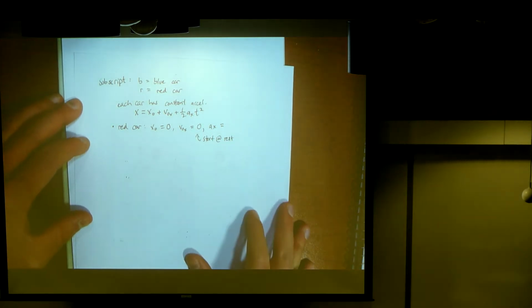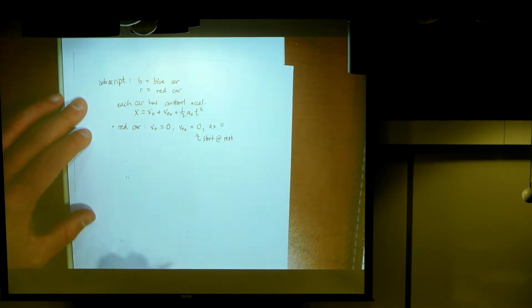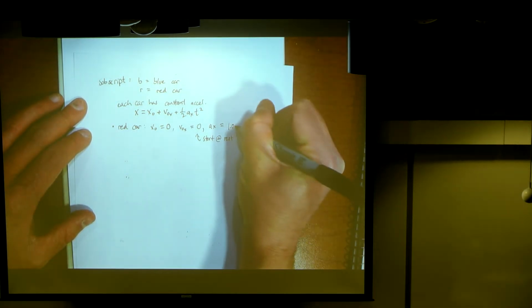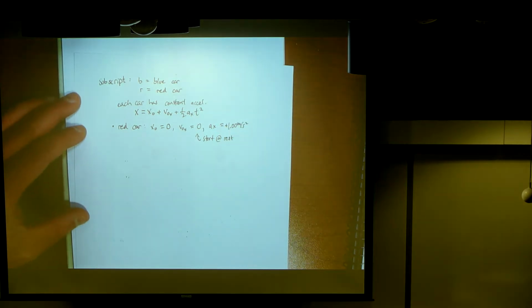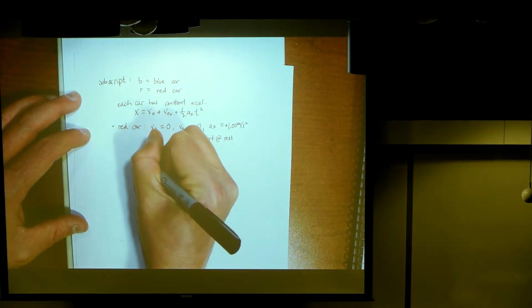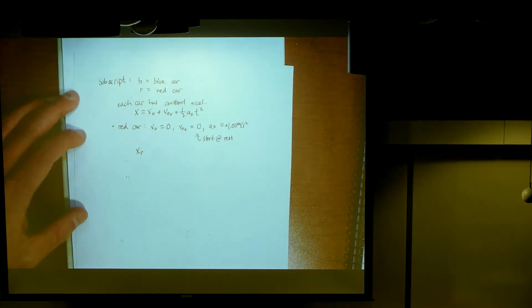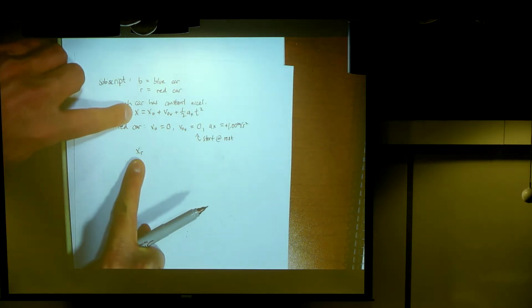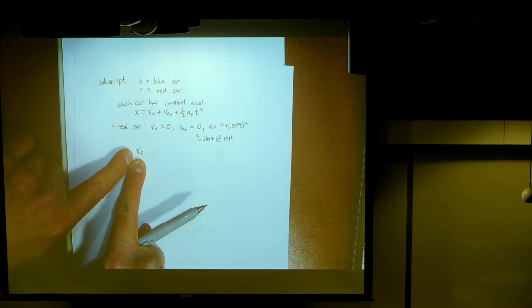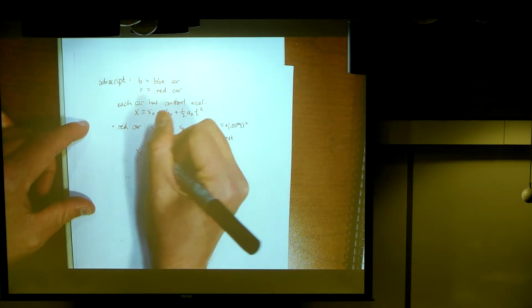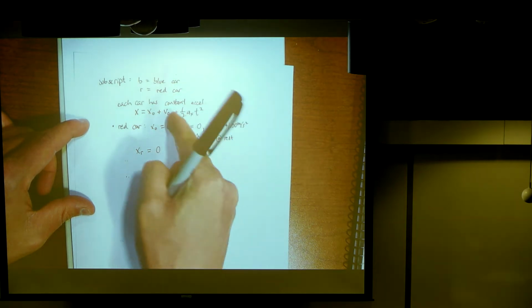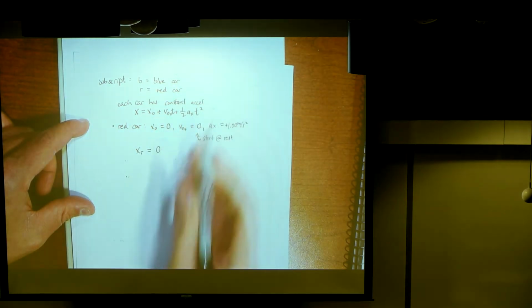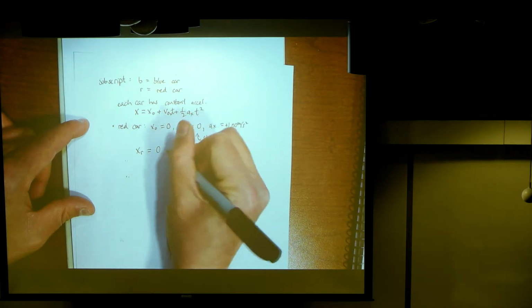But what was it? 1 meter per second squared, and it's positive. So that means, check this out, for the red car, we have x_R, that's the position of the red car, so I'm putting the subscript to denote that, equals initial position 0 plus initial velocity, also 0.